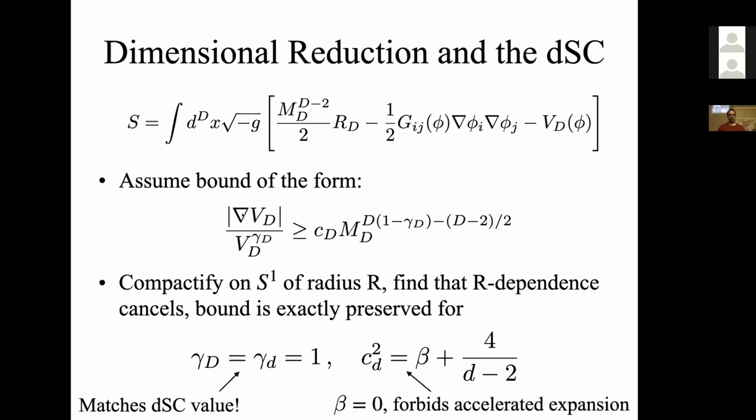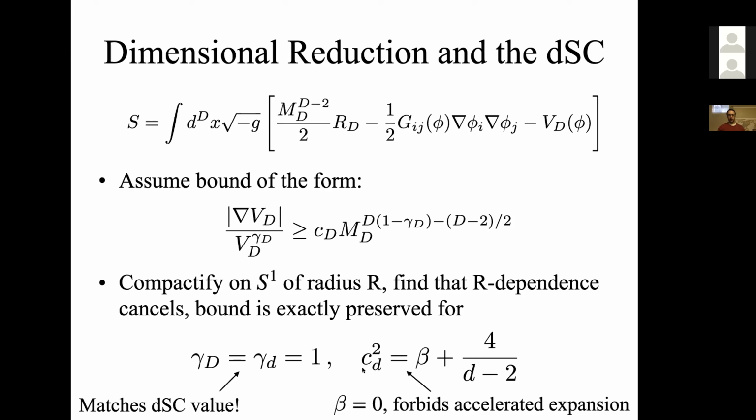The de Sitter conjecture is a lower bound on the gradient of the potential in terms of the potential to the first power. Now, when you perform this reduction, you get a new scalar field, which is the radion, and that's going to contribute to the potential. And what you find, including the radion, is that the coefficient C, which is exactly preserved, is given by this expression here.